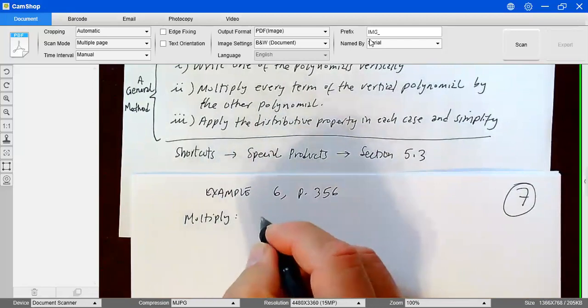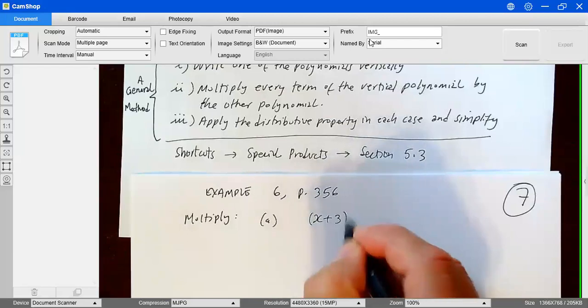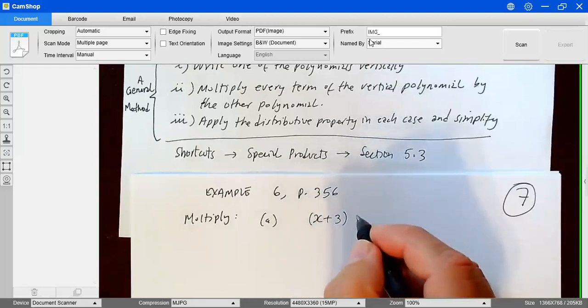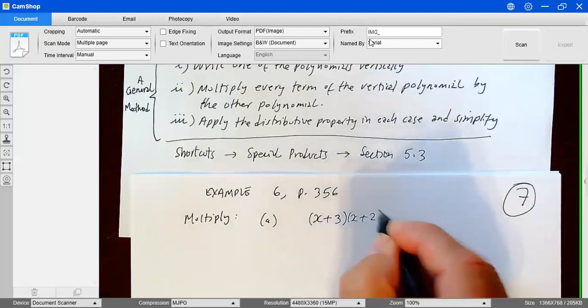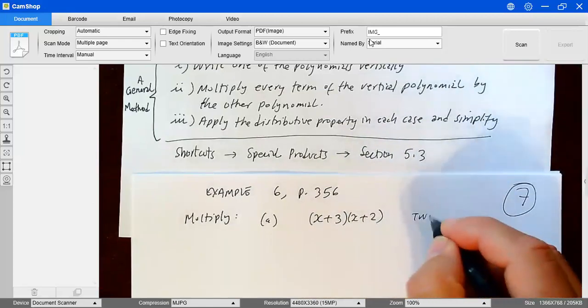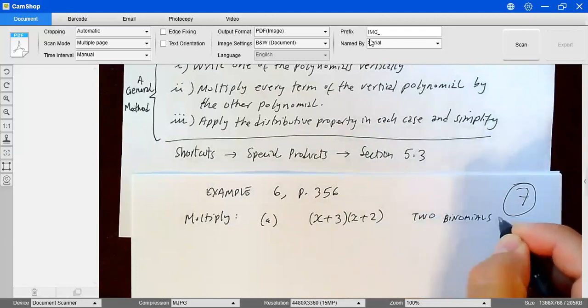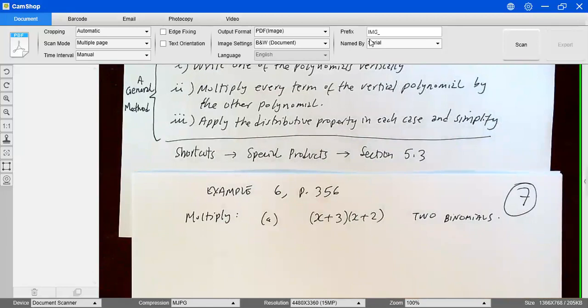In the first case, we have x plus 3 that multiplies x plus 2. So these are two binomials. There is going to be a short way to do this work later when we cover the next section.